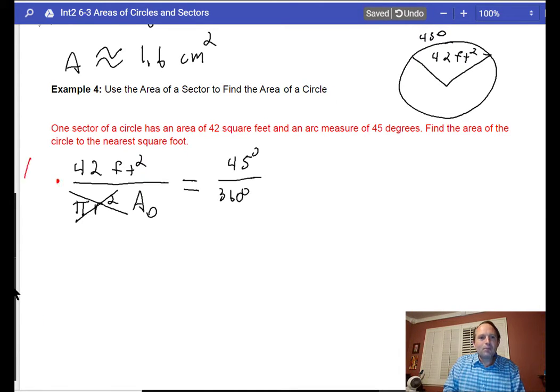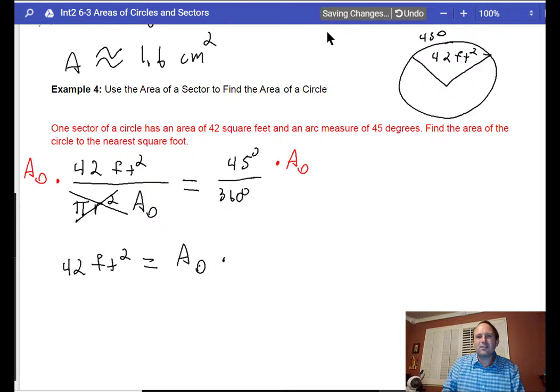But I want to multiply so it's on the top. So now I have 42 feet squared is equal to the area of the circle times 45 divided by 360. Well, I know that 360 divided by 45 would be 8.